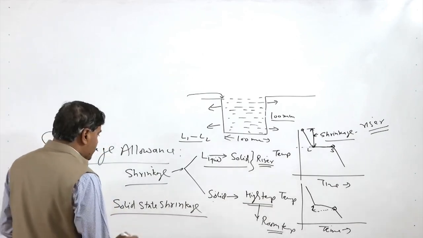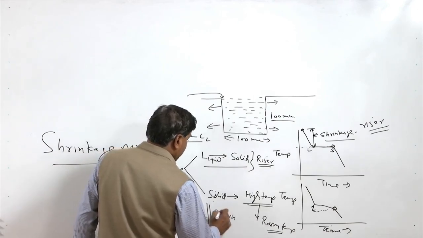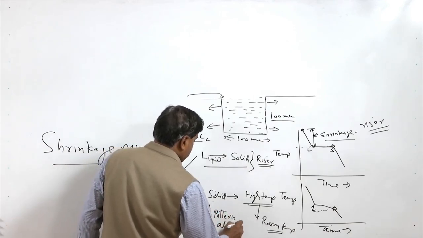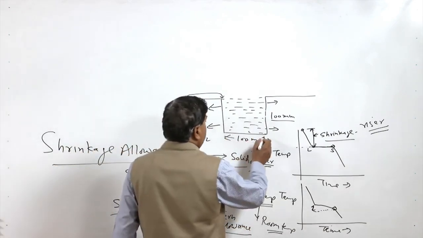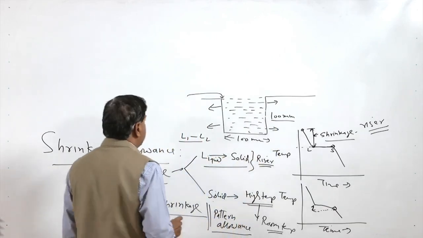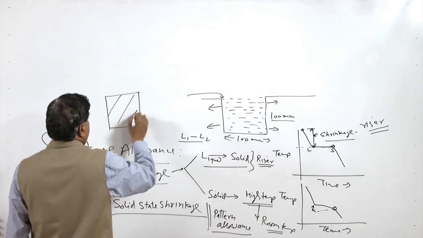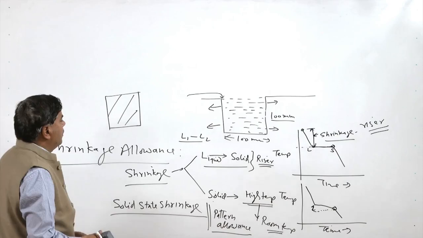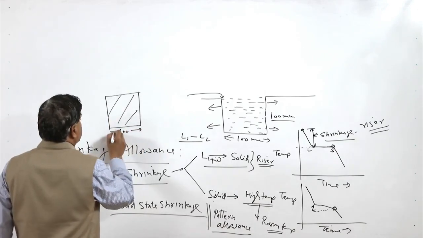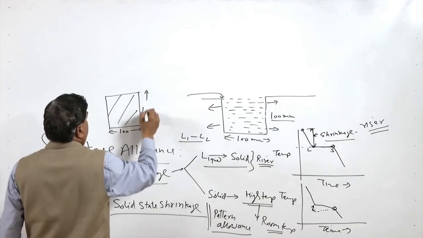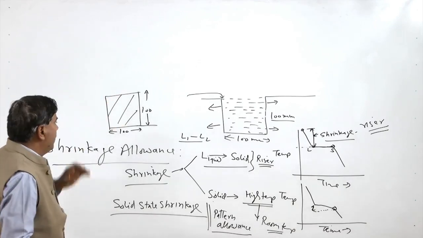This needs to be taken care of by the pattern allowance. Say this 100 by 100 size casting has solidified, and after solidification, when it cools down to room temperature, these dimensions, which were 100 by 100 just after the casting, will reduce.